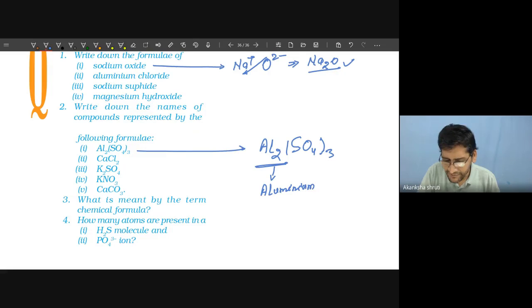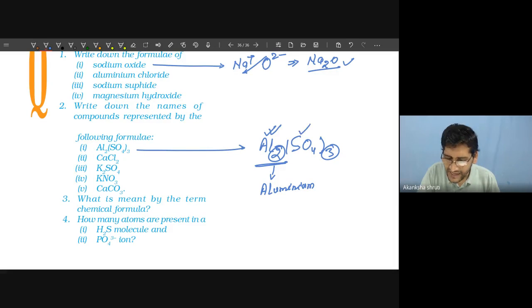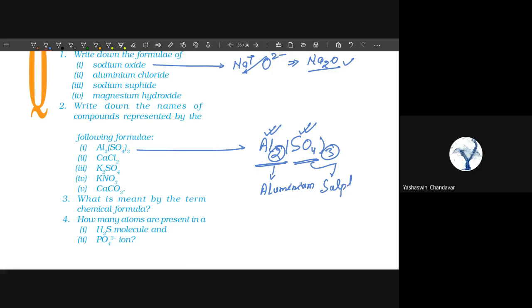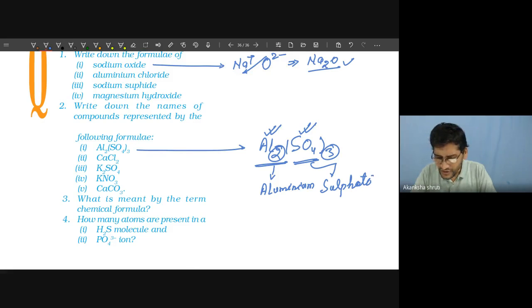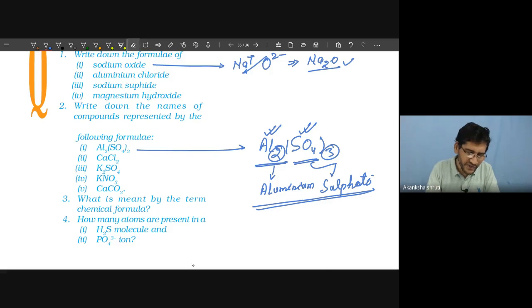So forget the valency; at this end you can leave this. What are the cation or anion present? You just focus on that. And this negative ion is called sulfate. So aluminium sulfate is the required answer. Okay, students? So writing the name from the formula is rather easier.